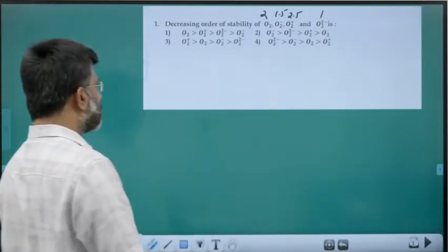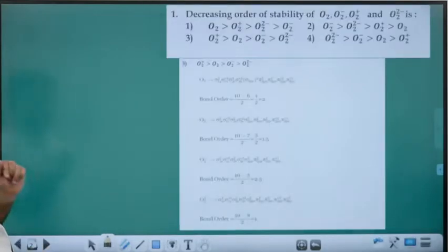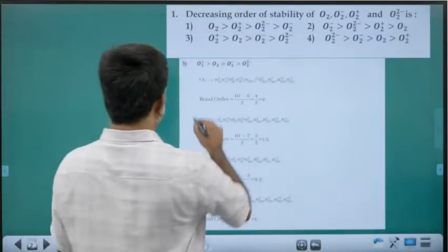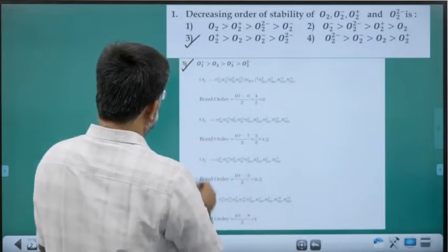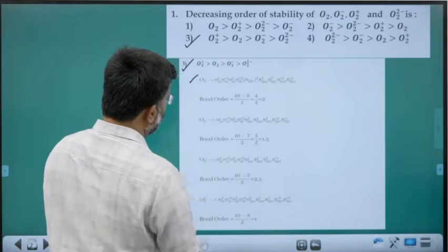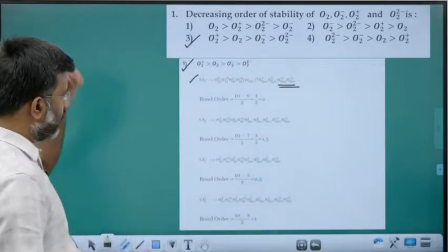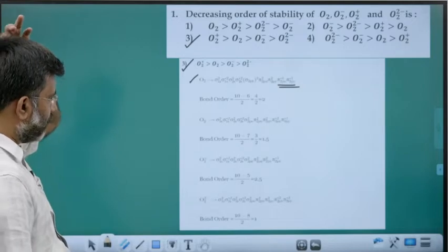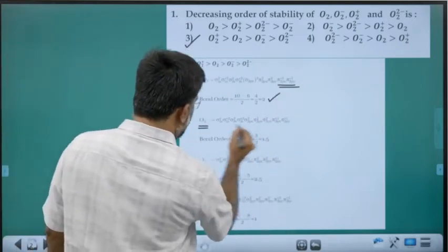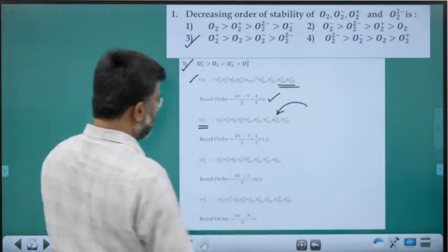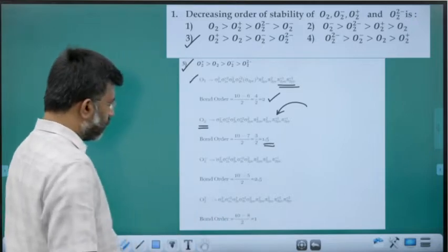You have studied this in class, and hence the order. What is the order coming? The third choice it must be. This is the configuration for O2, with pi star 2px1 and pi star 2py1, and hence the bond order is 2. For O2 minus, one electron is additional coming here, so bond order decreases from 2 to 1.5.